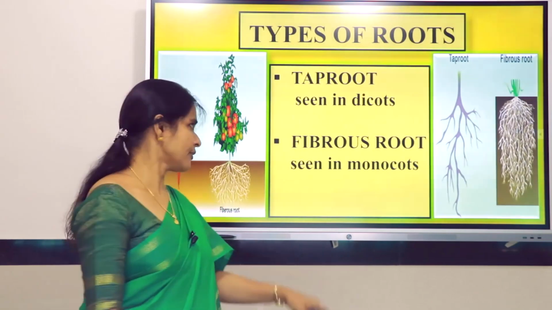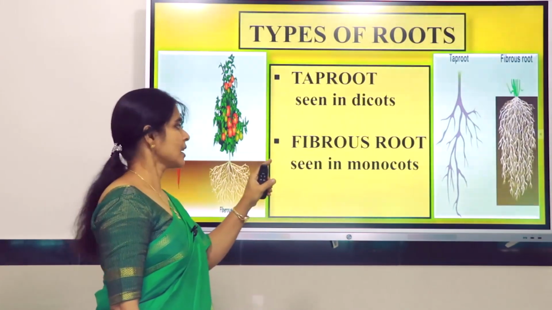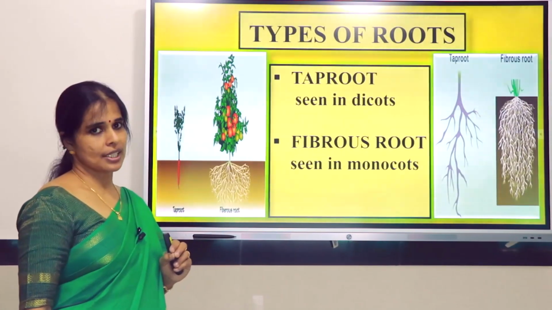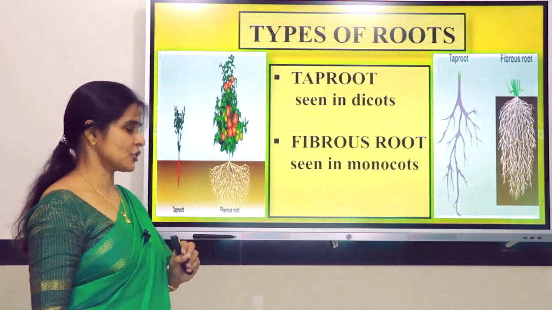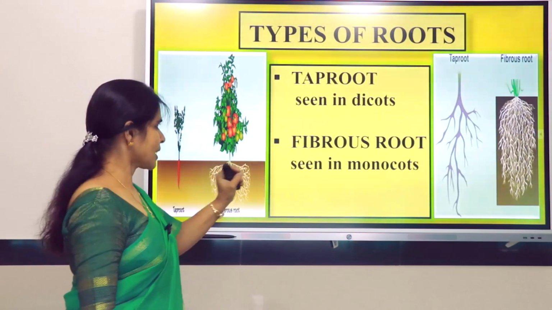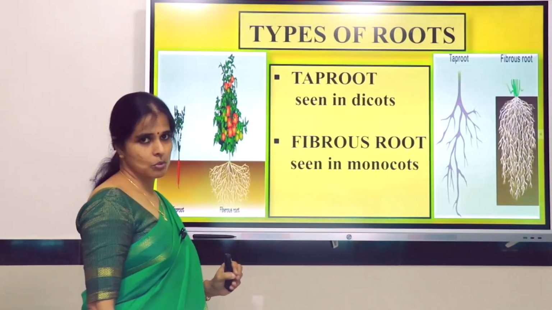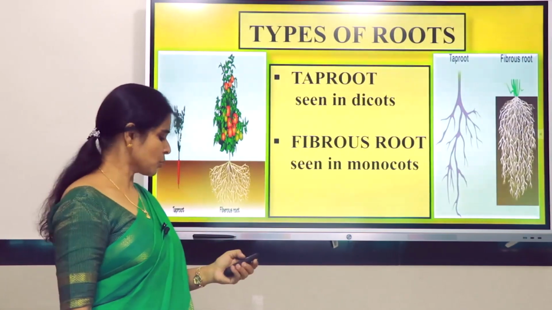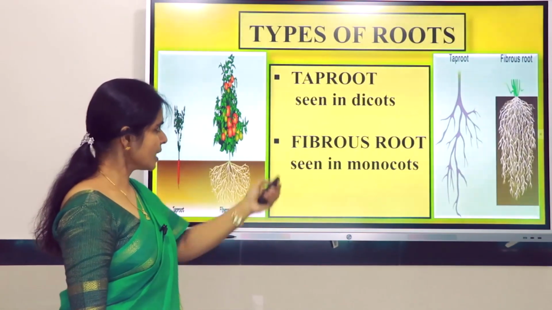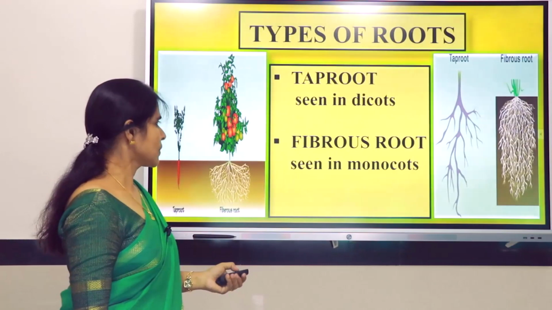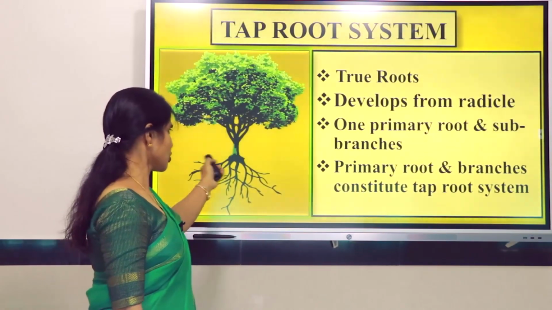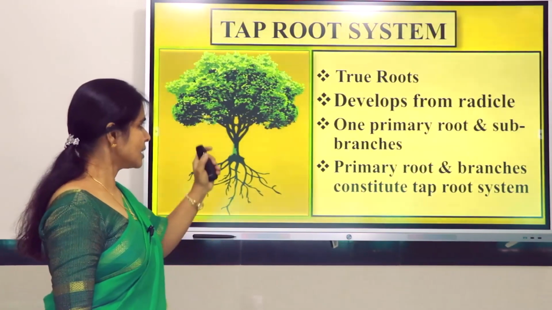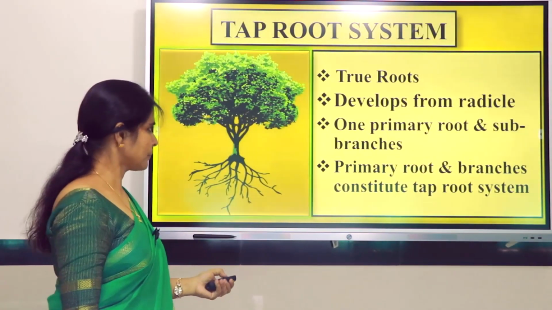Dicot plants have 2 cotyledons in the seeds, whereas monocot plants have 1 cotyledon, a single cotyledon, in the seeds. So another characteristic feature is that all dicot plants will have a taproot system, which has a primary root and a lot of lateral branched roots. So this is the taproot system.